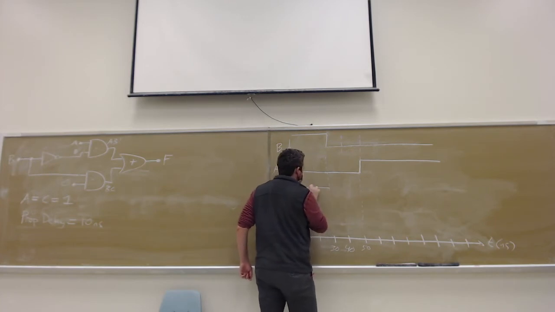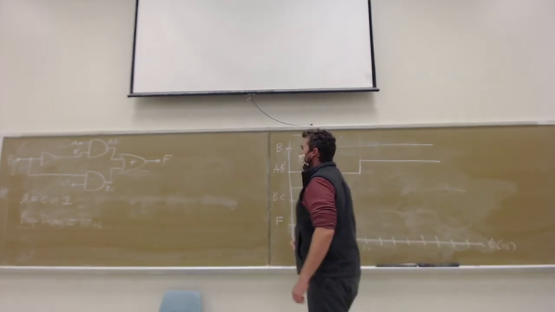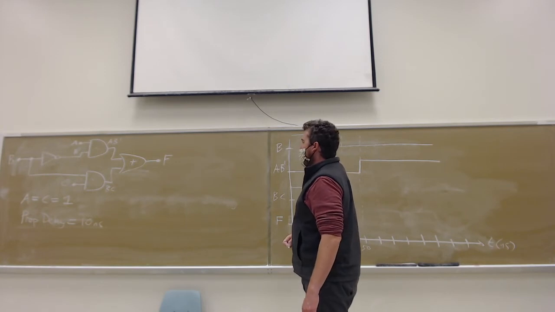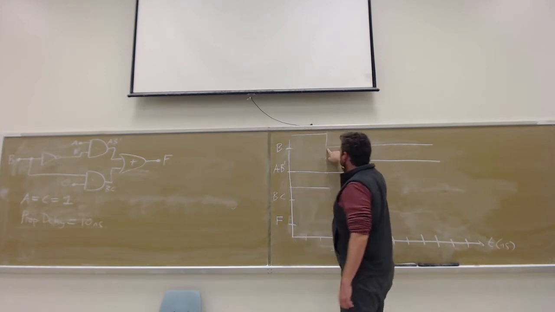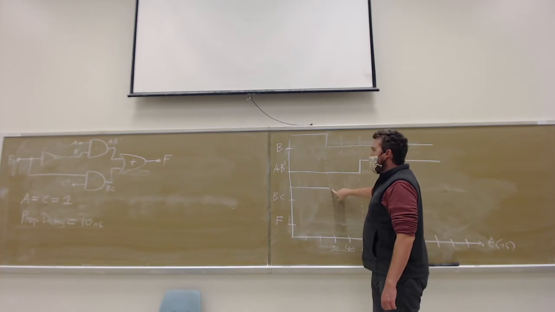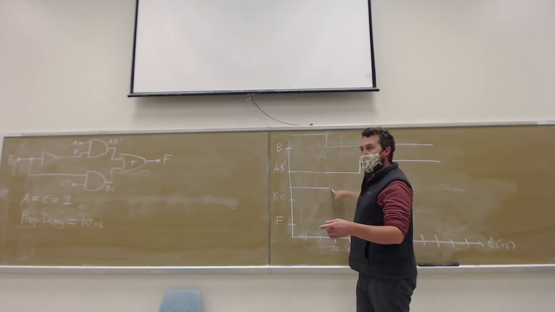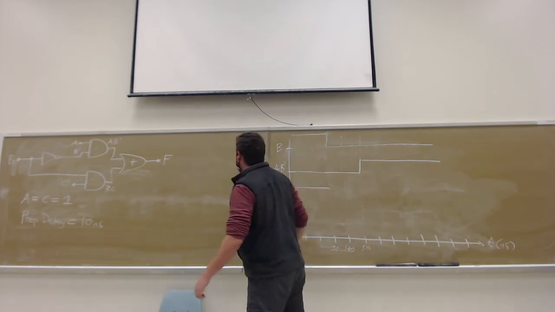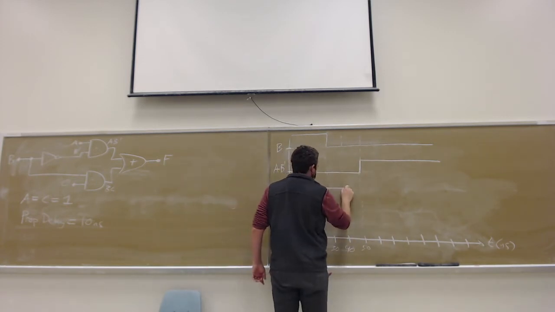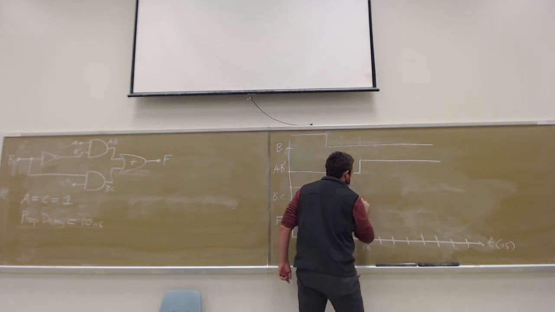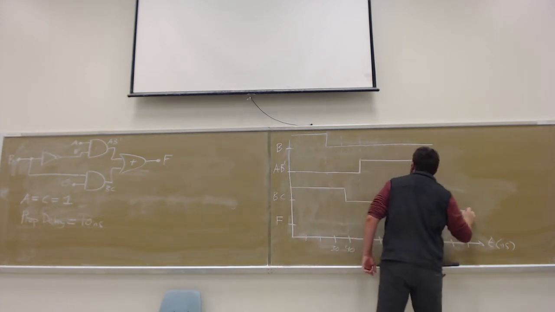I'm glad you said that, because this demo kind of hinges on the inverse. So then B went to 0, and so BC is going to go to 0, but it's going to take 10 nanoseconds to get there, because it's not dependent on the inverter. So it's going to take 10, and it's going to switch over and stay there forever.